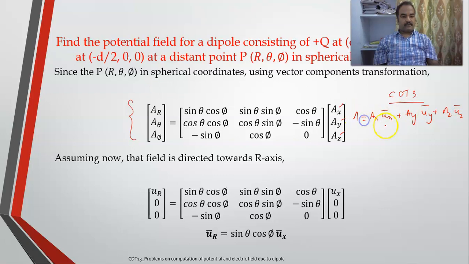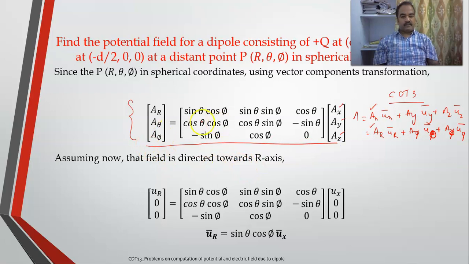If these are the XYZ components, then so this was theta, this is phi. So transforming these Cartesian coordinates into spherical coordinates, we will employ this particular equation.